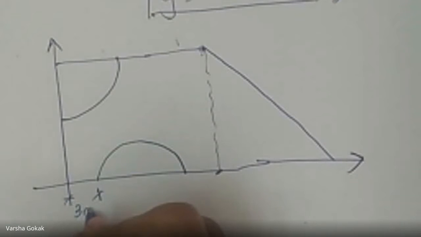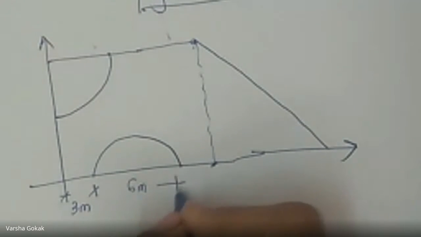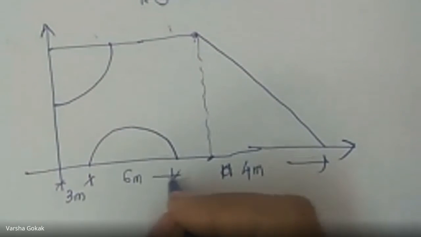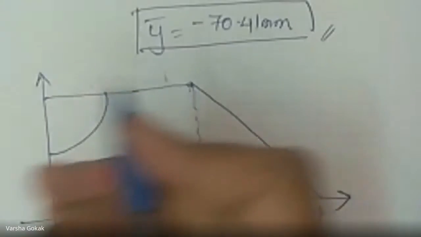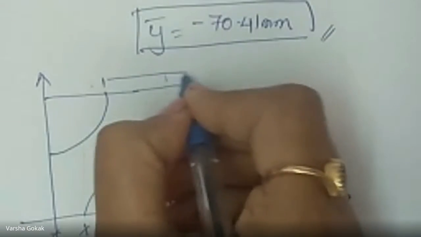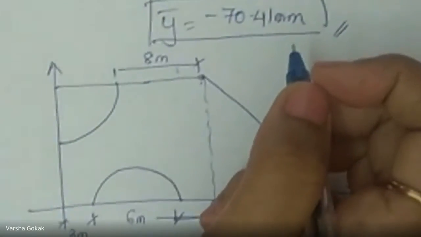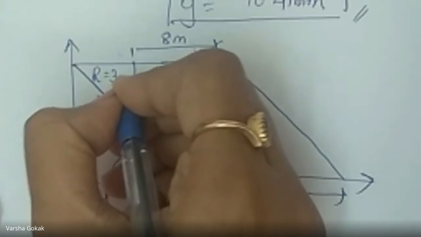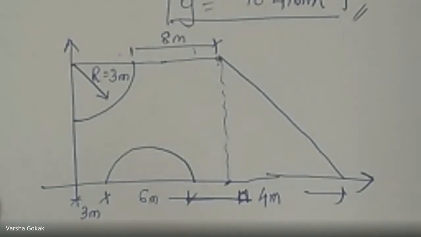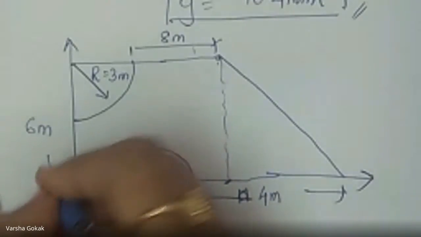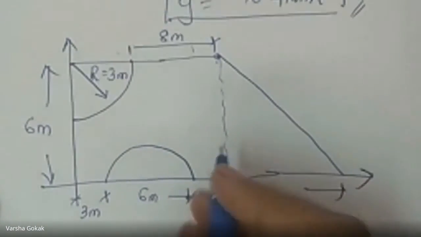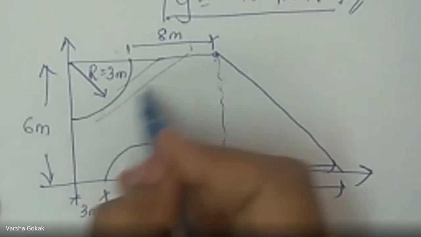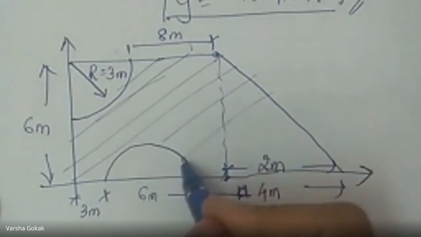This is given to be 3 meters. This is given to be 6 meters. Remaining distance is given to be 4 meters. Okay, on the top, when I take this, it is 8 meters, right? And here, this radius is 3 meters. This height is 6 meters. Okay, and the base of the triangle is given 2 meters. Find the CG of the shaded area.